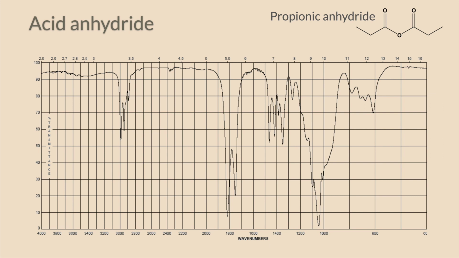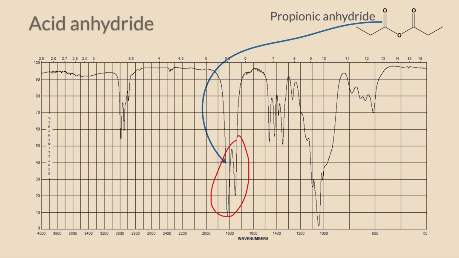Moving on to the next acid derivative, we have the acid anhydrides. The acid anhydrides also have this carbonyl group stretching. Now because there are two of these, they tend to couple with one another due to the presence of this oxygen atom here also. So because of that, we have a kind of a doublet.